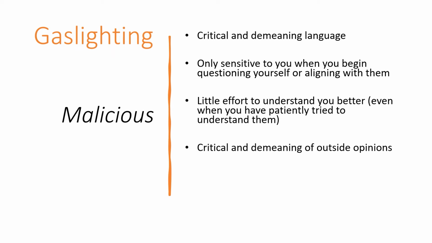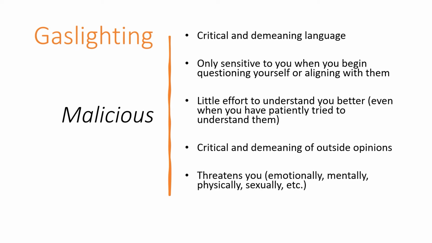And then finally, the last one: threatens you emotionally, mentally, physically, sexually, or threatens people that you care about, right? So this threatening, intimidating behavior starts to get really overt in an abusive way sometimes. Not all people who gaslight start to threaten in these ways, but certainly if this threatening behavior starts to happen, you can guarantee that you're in a relationship with somebody who's extremely unhealthy, and there could definitely be some gaslighting happening as well, right?